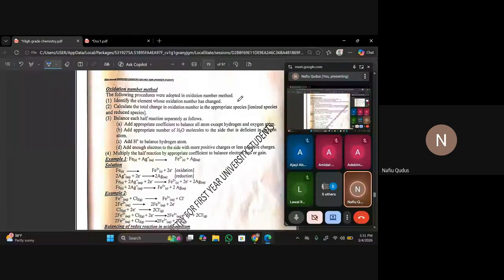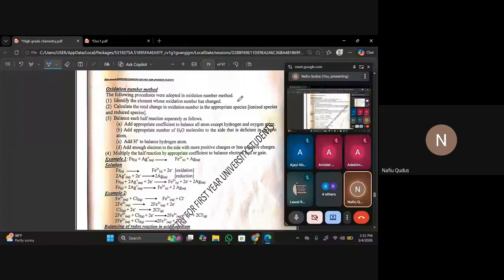Let me just summarize it for you. The first step is that we identify whose elements undergo oxidation and whose elements undergo reduction as well. What are those elements? So we quickly identify that.